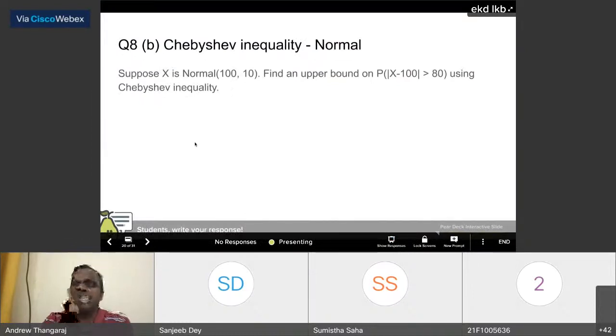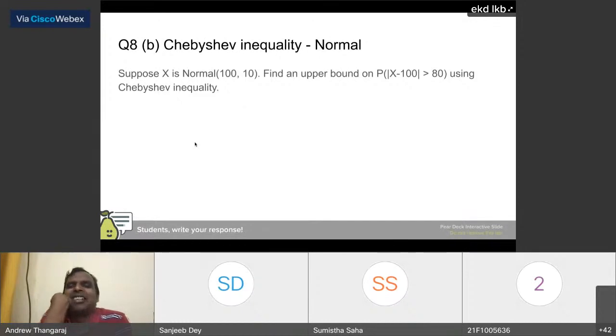I think very simple. I've not confused people here too much. I've just given straightforward form suitable for Chebyshev, just for people to get a little bit more comfortable. Okay, normal 100, 10. Find an upper bound on probability of mod x minus 100 greater than 80.